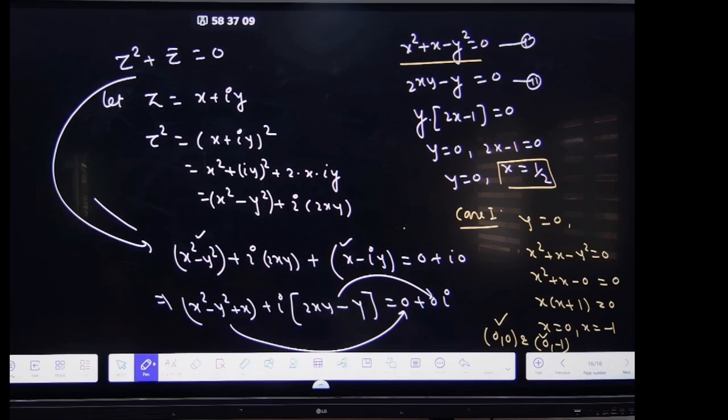Next one you do, they are asking that conjugate of this to multiply. First you multiply this and equate the conjugate of that with whatever complex number is there, right? Real part with real, imaginary part with imaginary. Next one.